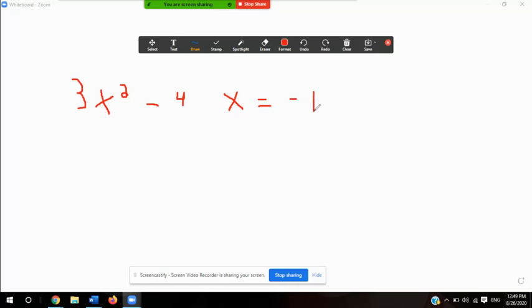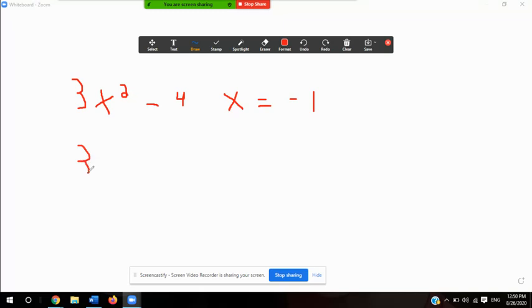When you're evaluating an expression, the value of the variable must be given to you. If it's not given to you, then you can't evaluate it. In that case, you'd have to solve as if it were an equation. I'm already giving you the value of x, negative 1.